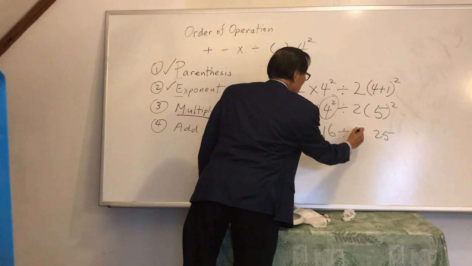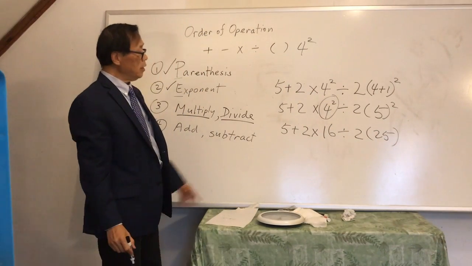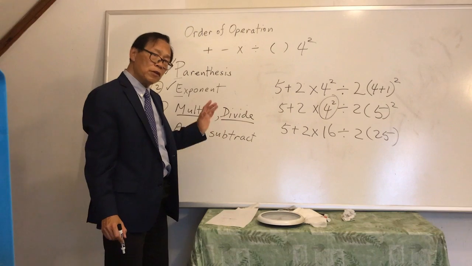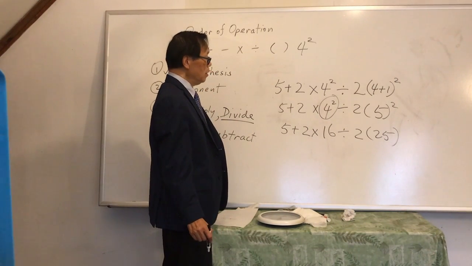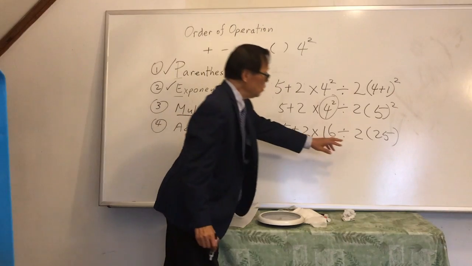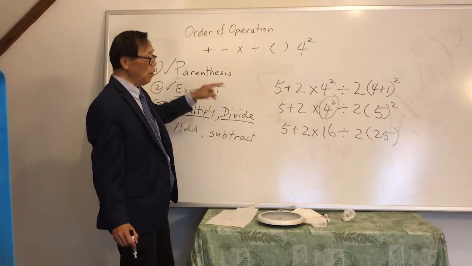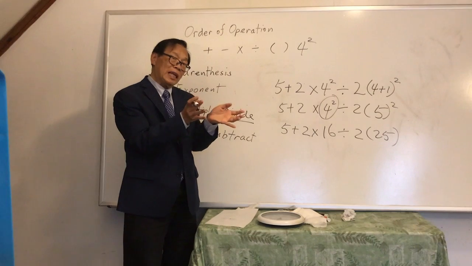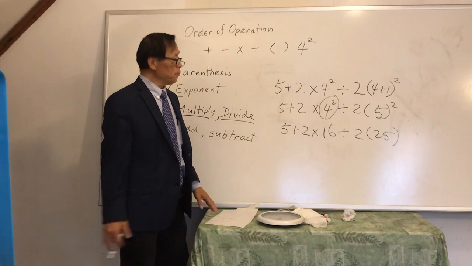Does everybody see? Very clear, very simple, step by step. Now, this looks like a parenthesis, but that's not the parenthesis we're talking about where you have to do something in the parentheses. Parentheses 25, there's nothing else you can do.